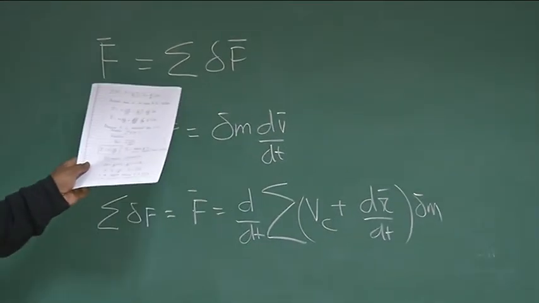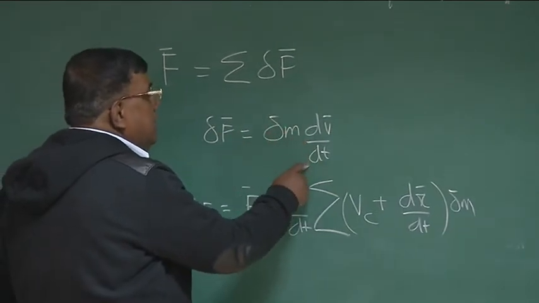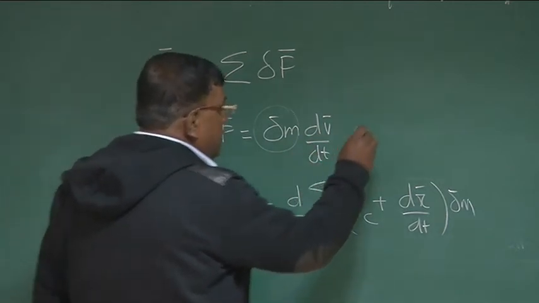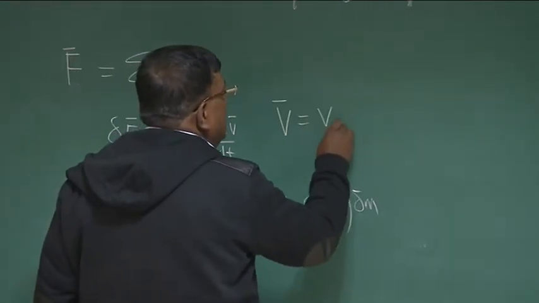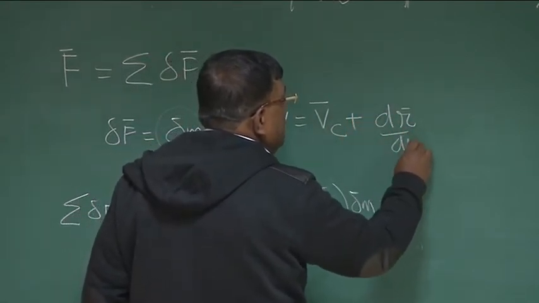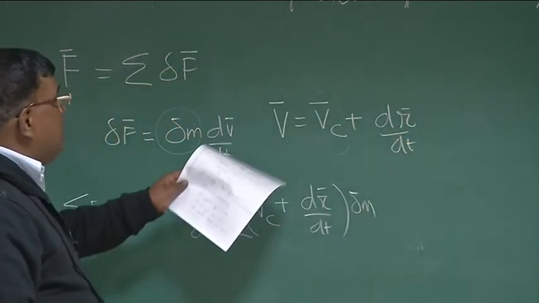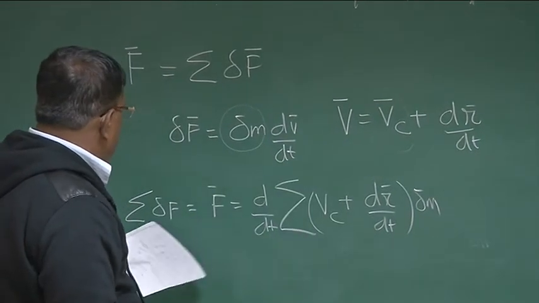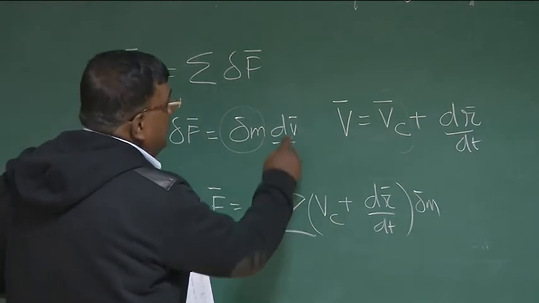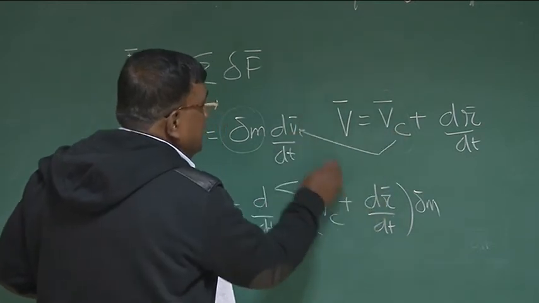F external was the summation of delta F, and by Newton's law we know delta F equals m dv by dt. So, for a delta m mass element, it is delta m dv by dt, and what was V? V we have just now represented as the velocity of the center of mass plus dr by dt. This was with respect to the center of mass, and this is with respect to the inertial frame. So, I have substituted this here to get summation of delta F equal to total F is d by dt of summation of Vc plus dr by dt, like this, times delta m.